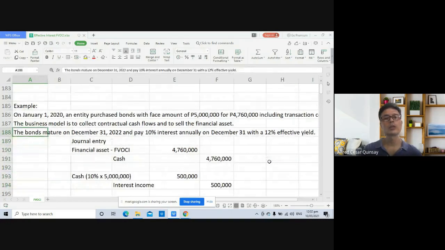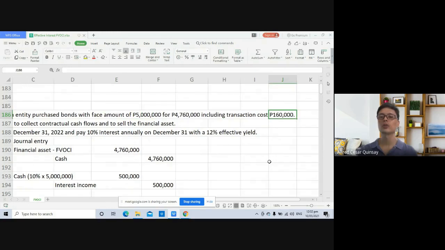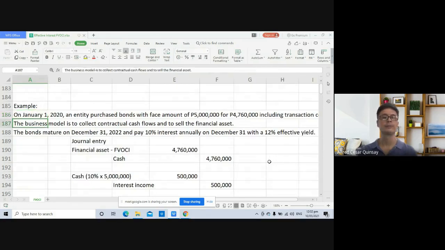On January 1, 2020, an entity purchased bonds with face amount of 5 million for 4,760,000. So this is a discount, including transaction cost of 160,000. The business model is to collect contractual cash flows and to sell the financial asset.